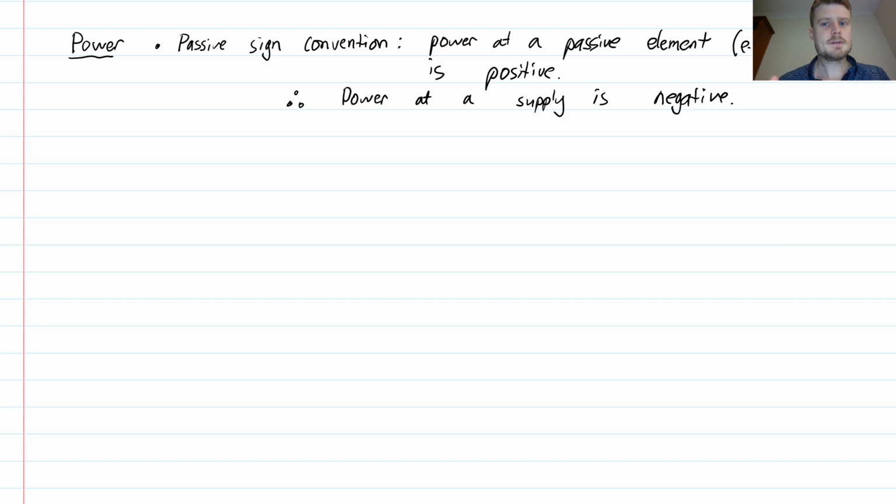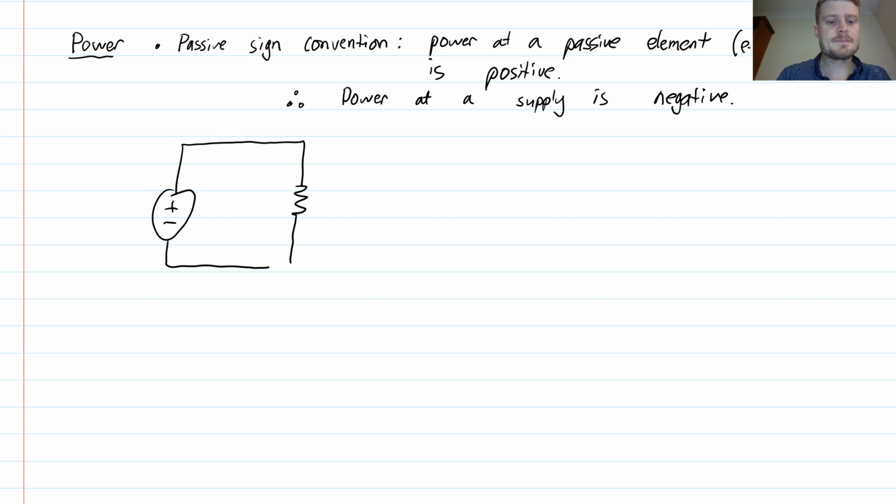So in order to build this intuition, we're going to analyze basically the simplest possible circuit. The simplest possible circuit is where we have one power supply and one passive element, and we just wire them up. In this circuit, we can get a fair bit of understanding just by thinking of our intuition.